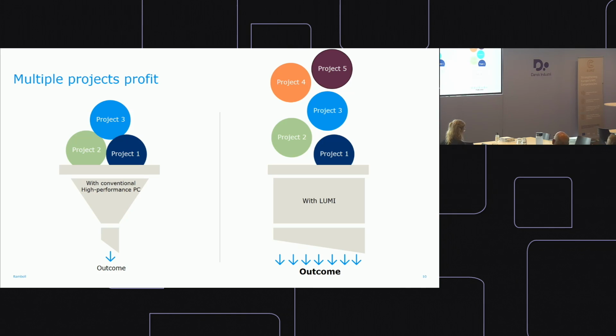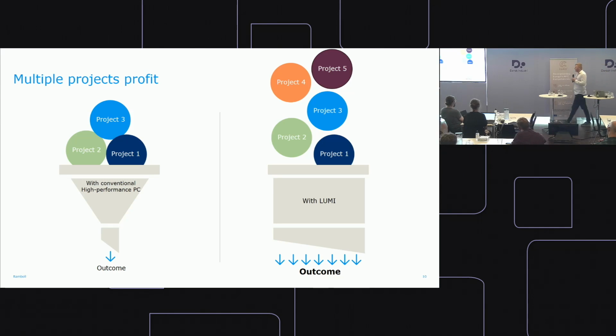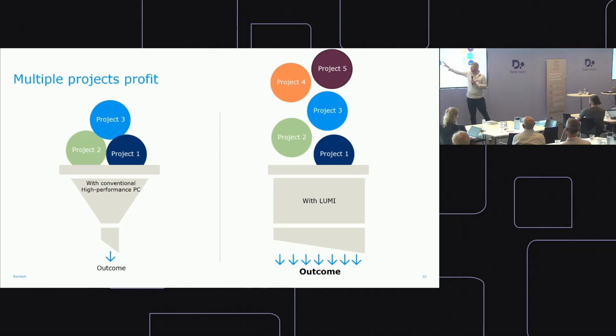Besides that, we have had the problem that if my project needs to run on our strong computer in the other part of town, we wouldn't be able to have 2 projects at the same time. We would be able to do that with Lumi.